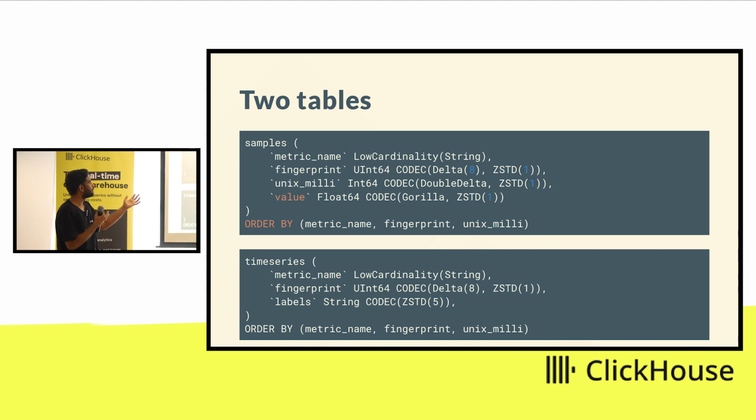In terms of query performance, even though we are using the join, and ClickHouse is not known for joins, metric data has a certain nature to it. The right side of the table is usually going to be smaller. Take any metric name, maybe there are 10 million time series for it. You're always going to have a certain known number of time series for a metric.